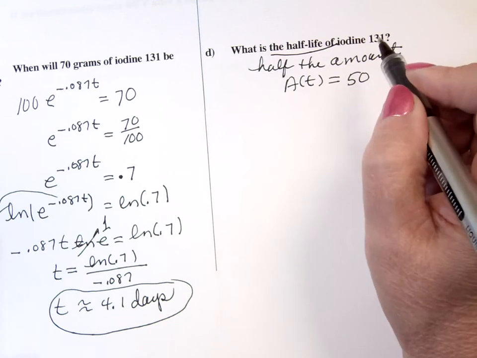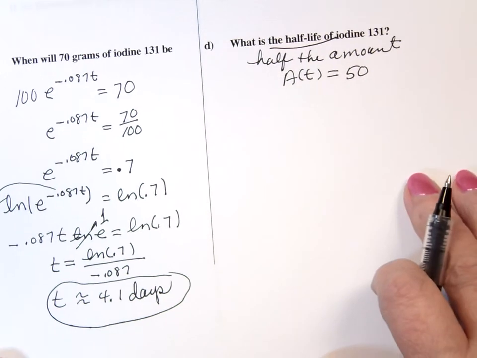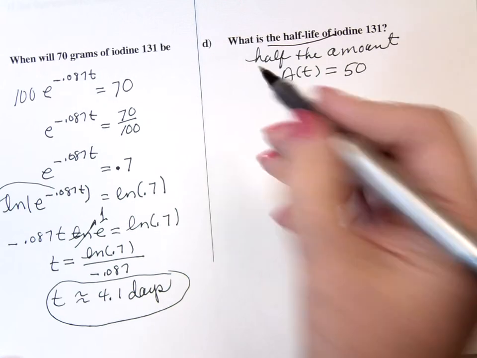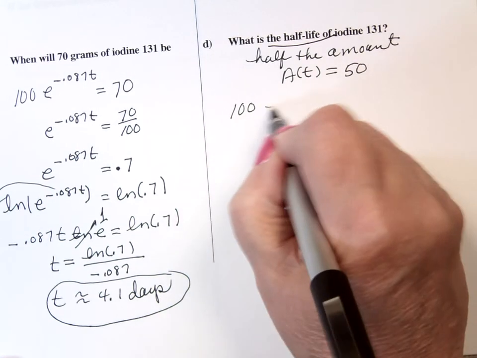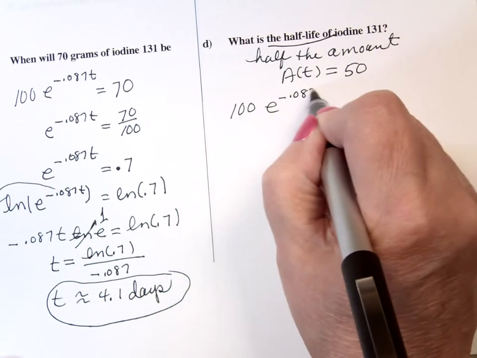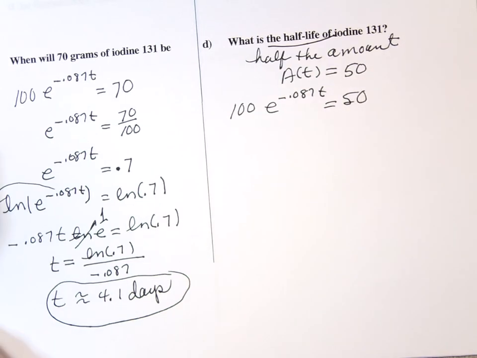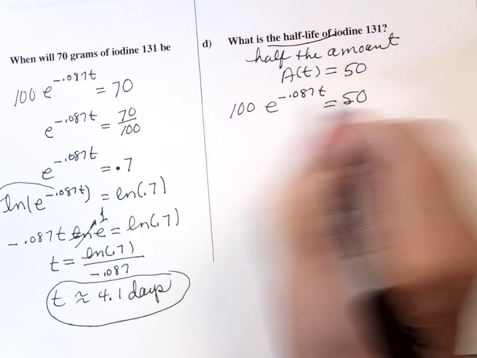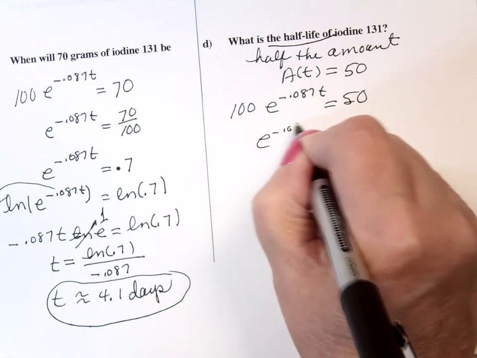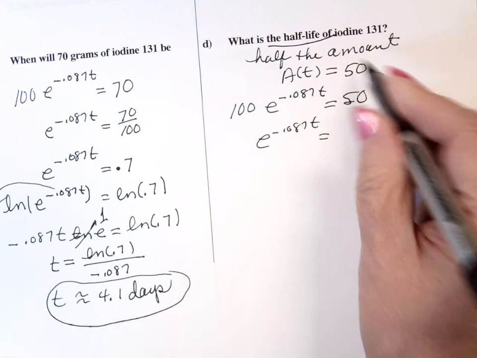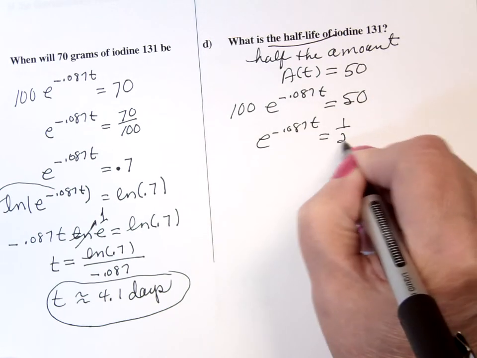So now we get to do this all over again with 50. So 100 e to the negative 0.087 t equals 50, or e to the negative 0.087 t equals 50 divided by 100, that's 1/2.